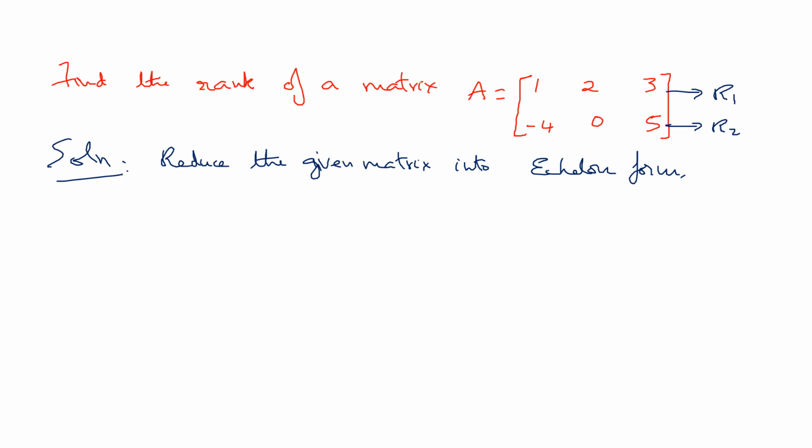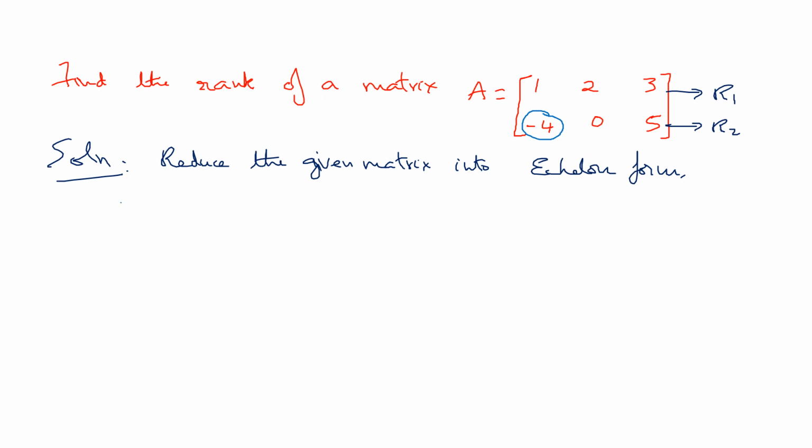You have to see that this minus 4 has to be made 0. This minus 4 should be made 0. So how to make it 0? You have to write a relation between minus 4 and 1, so that when you do the operation it becomes 0. So what is the method?